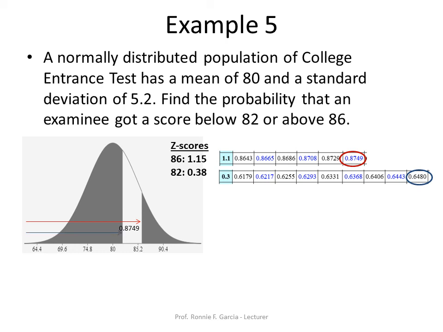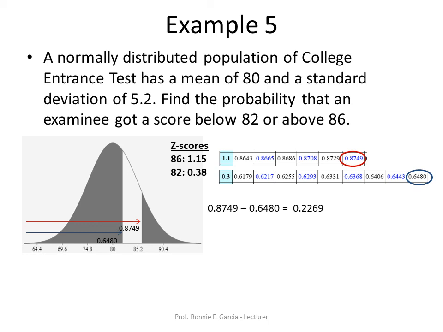So graphically, that represents this area from the left side going to that particular point. You can locate that using the blue arrow. That area represents 0.6480. But the question is, what is the area that is colored gray? So how do we get that? If we are going to subtract 0.8749 and 0.6480, we will get 0.2269.